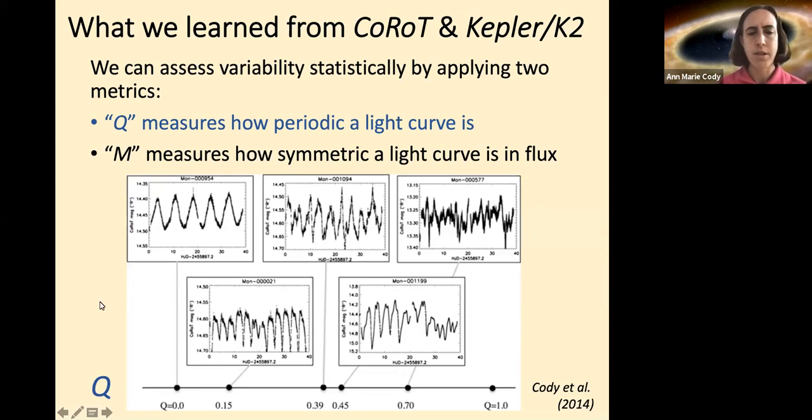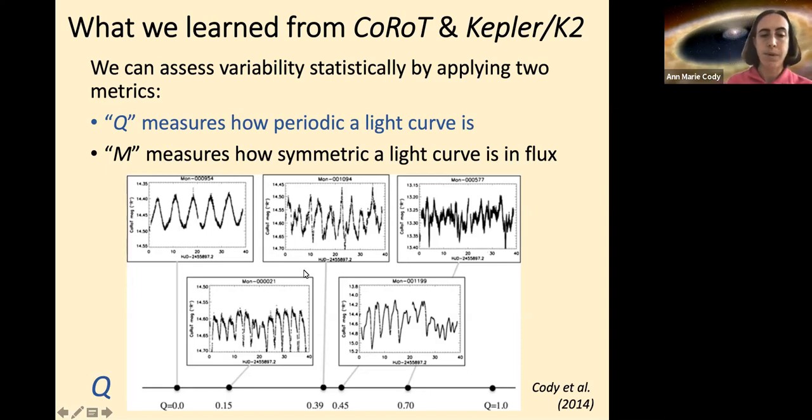So down here are examples of different light curves. The upper left is highly periodic, and that would have a Q of 0. So anything with a low Q value has a very nicely repeating pattern. Anything with a Q value approaching 1 is basically stochastic, and there is no periodicity to be found, as seen at the upper right.